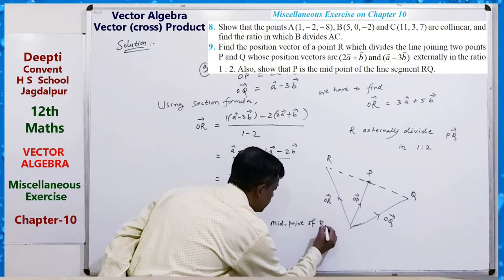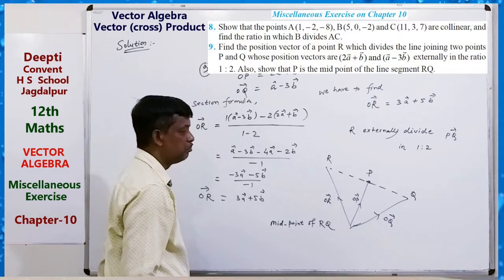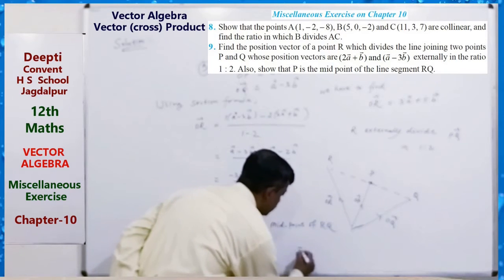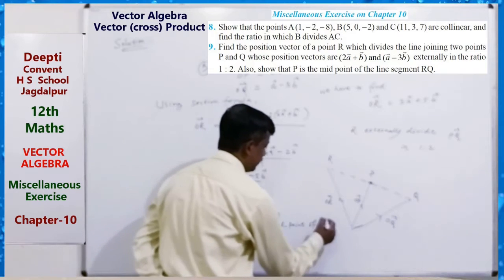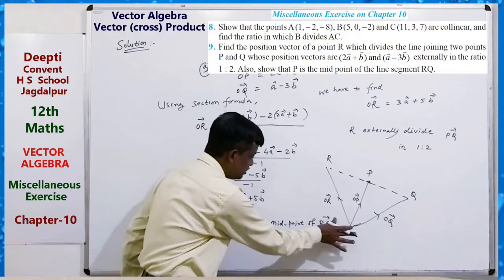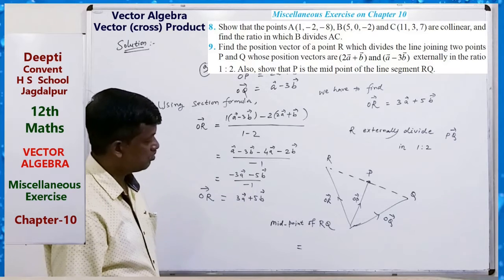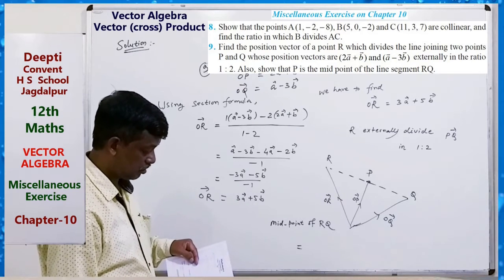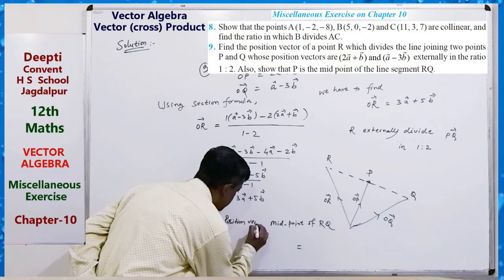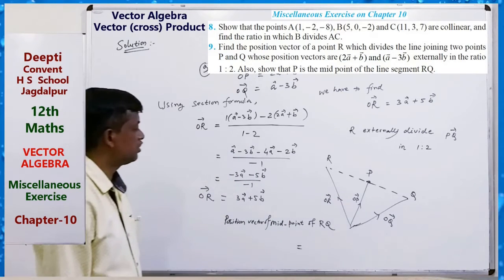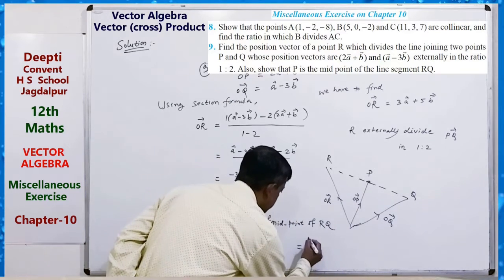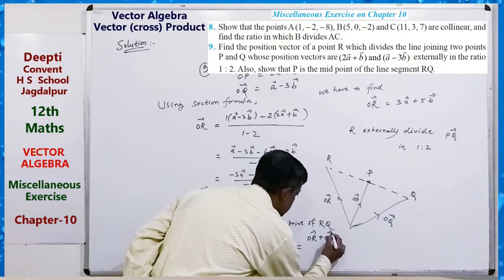The position vector of the midpoint of RQ is (OR plus OQ) by 2.